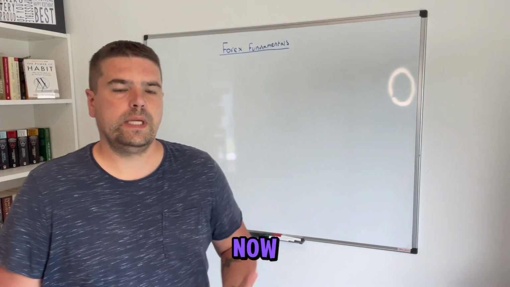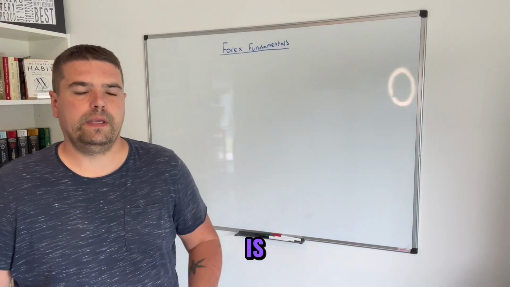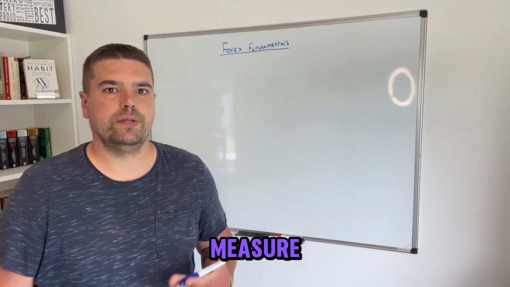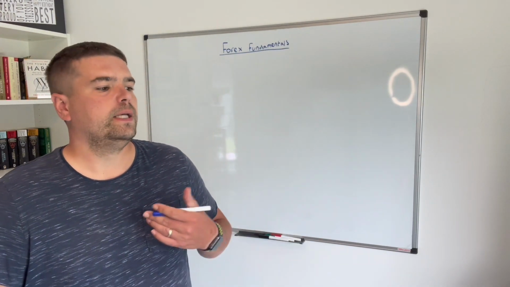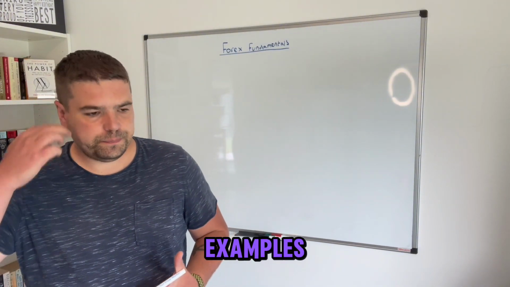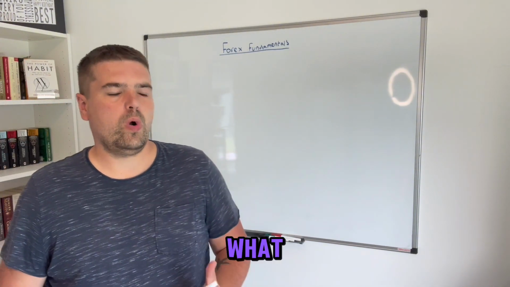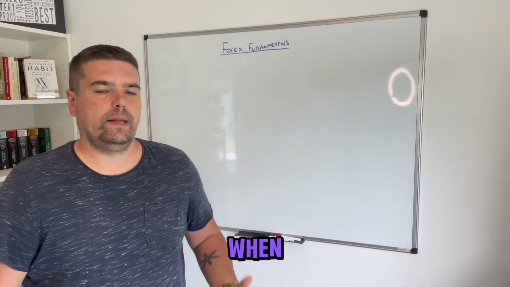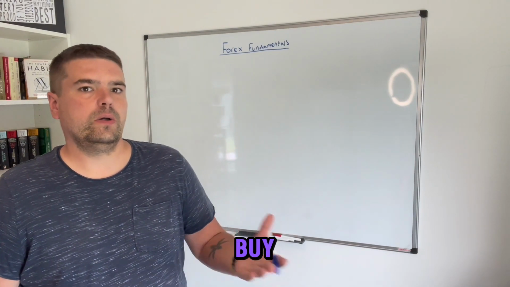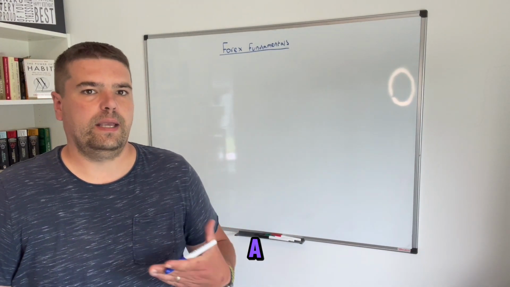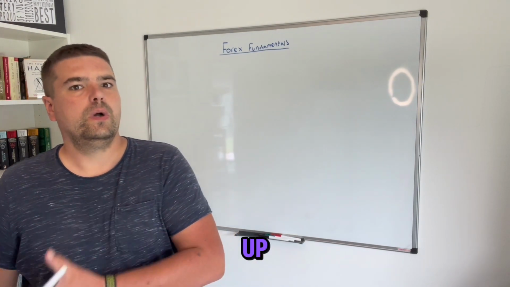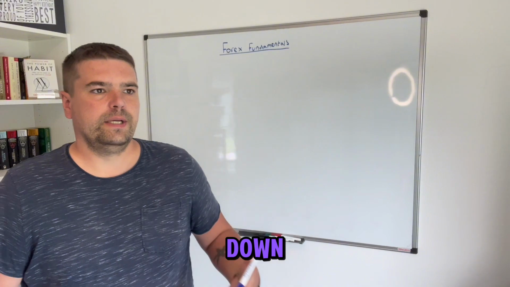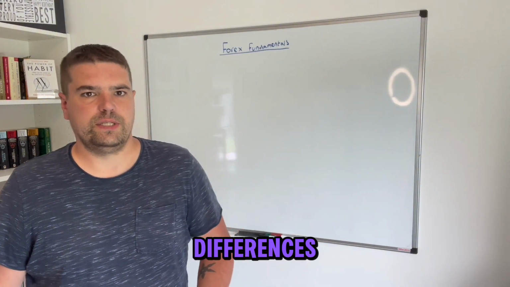Okay, so now we know what a pip is and how we measure the movements in price on a particular Forex pair. I'm going to go into some examples of what actually happens when we look to buy or sell a currency, because you can profit from the markets whether price is going up or down, and what the differences of those are.